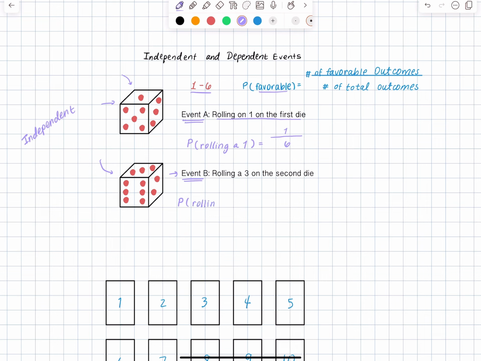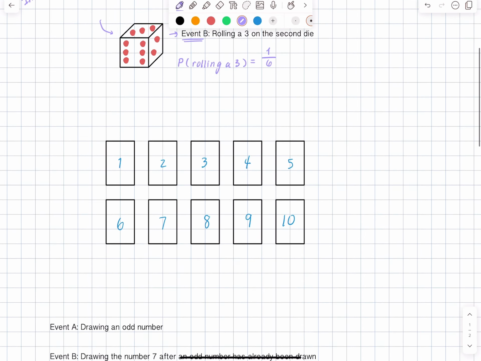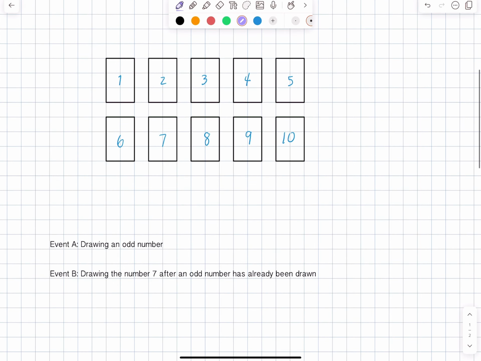So the probability of rolling a 3 equals, well, we only have one 3 on a fair 6-sided die, and then we have 6 total outcomes, 1, 2, 3, 4, 5, 6. So you can see that they're the same, the probability of rolling a 1 and the probability of rolling a 3. So these are independent events. Whatever happens in event A is not going to affect event B.